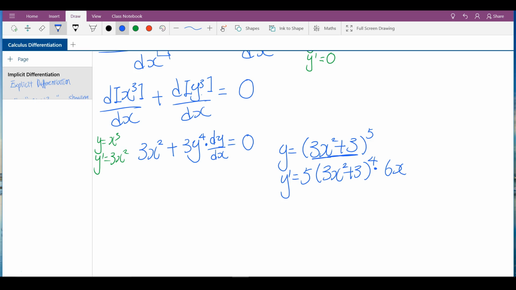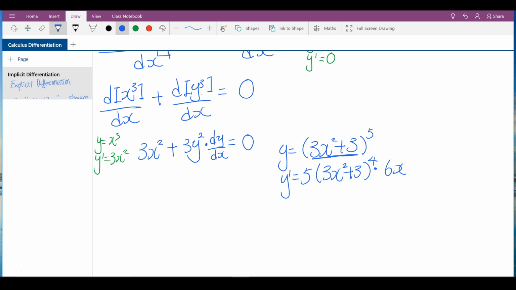Oh, sorry, this would be a 2, my bad. So just like the chain rule, we bring the power to the front, and then the power is reduced by 1, and then we multiply by the derivative of inside the brackets.